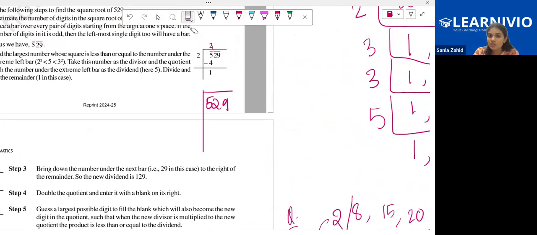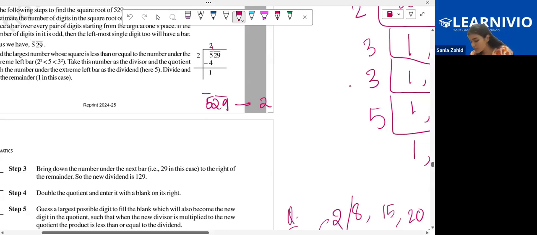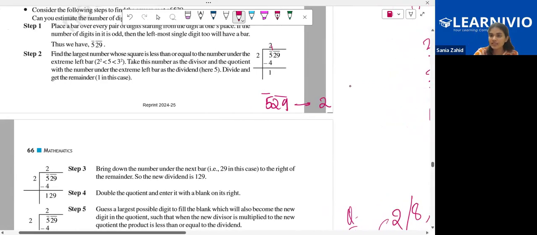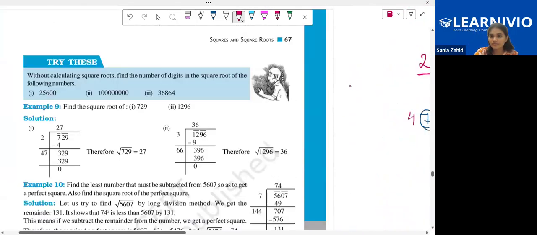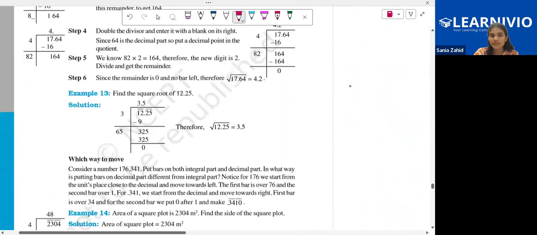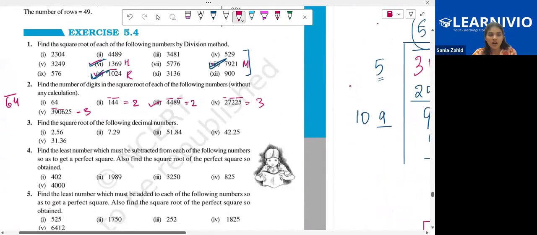You just make the pairs, like the ones we used to do. You make a pair of 29 and you make a pair of 5. So you have how many pairs? You have 2 pairs. So that means the square root of 529 has 2 digits. Understood, children? Clear? Yes, ma'am.